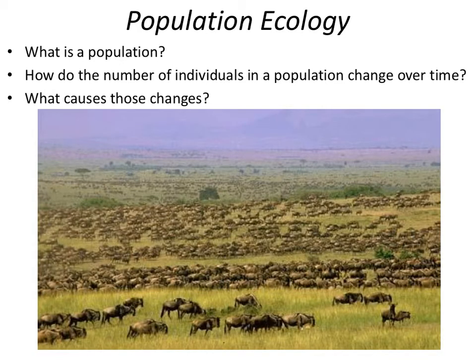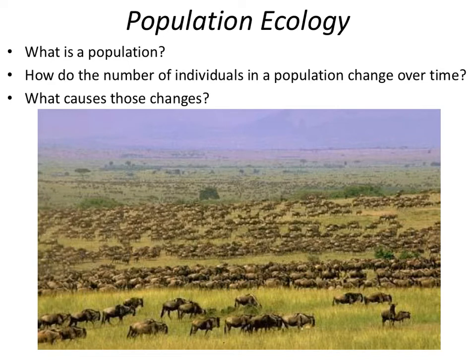Another part of ecology is population ecology, kind of what you did the symbio on in terms of population growth. A population is a number of individuals, a group of organisms, or it can be a group of widgets. Anything can be a population. In this picture, it's a population of wildebeest on the Serengeti.